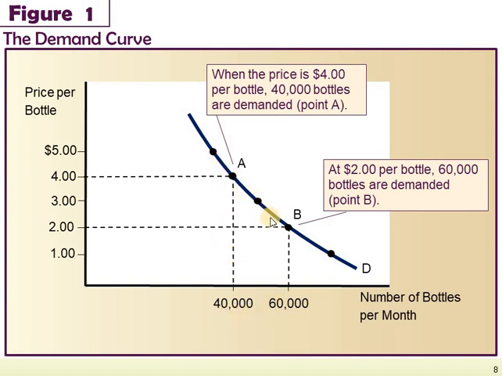And then, nung nagkaroon tayo ng schedule B, bumaba yung presyo, naging $2 na lang, and then what will be the response of our consumers? Siyempre, dadami na po ang kanilang demand. So, in this case, naging 60,000 bottles na siya per month.